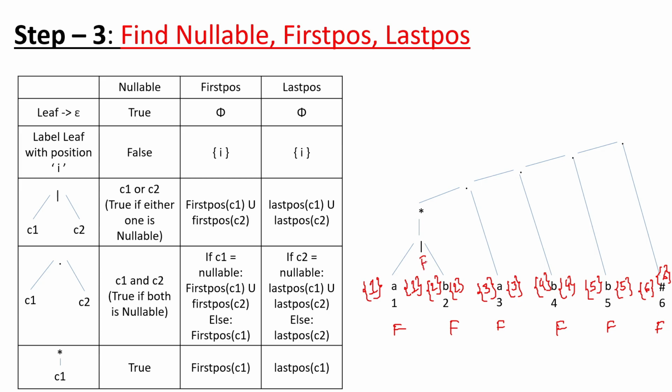So I am writing here F. What is its first pos? Since this is an OR condition, its first pos will be the union of both, I mean the first pos of child 1 and the first pos of child 2. First pos of child 1 is 1, first pos of child 2, that is B, is 2. So let's write 1, 2. And the last pos is the same, the union of both children's last pos, that is 1, 2.